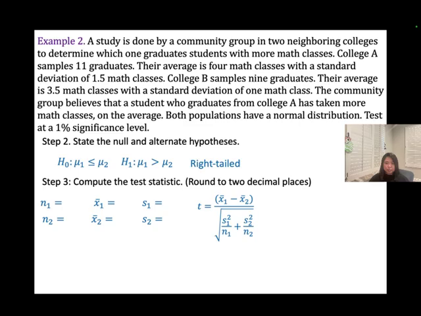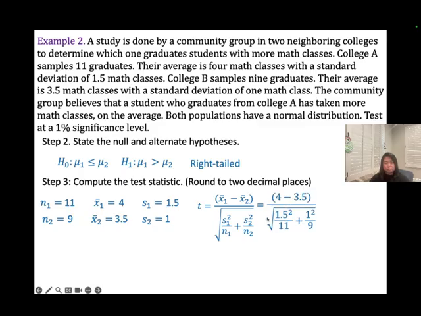Okay, find the test statistic. I want you to try the questions one more time. Write down all the information here. Okay, check your work.